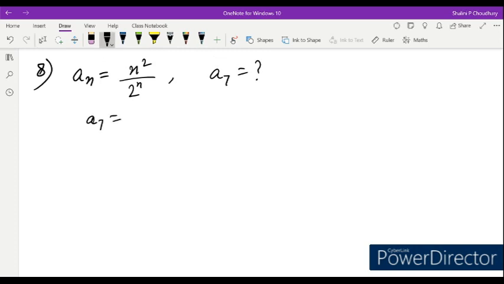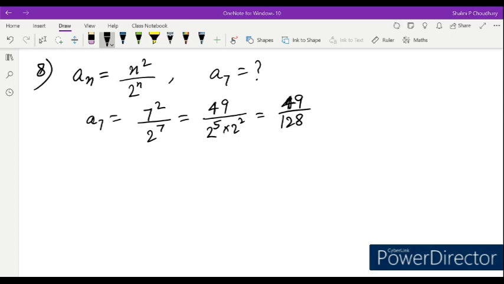So a7 will be equal to 7 squared upon 2 to the power 7. 7 squared will be 49, and 2 to the power 5 is 32, 2 to the power 6 will be 64 and 2 to the power 7 will be 128. So it will be 49 upon 128.